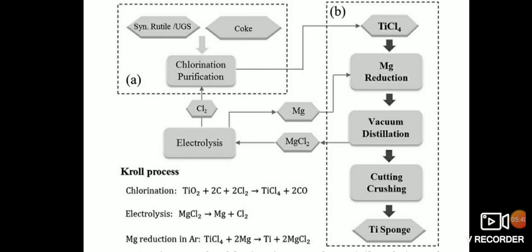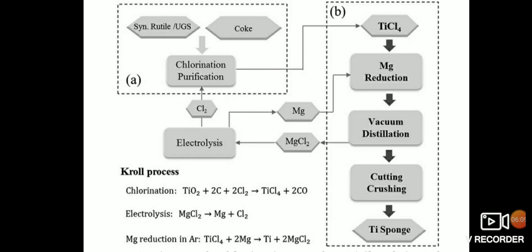Purer sponge titanium can be produced. Magnesium chloride obtained from the reduction of titanium tetrachloride is sent to the electrolysis sector to produce chlorine and magnesium. The chlorine and magnesium produced are respectively used for chlorination of titanium oxide and reduction of titanium tetrachloride.